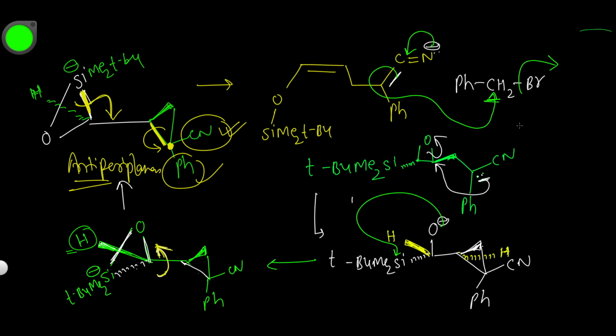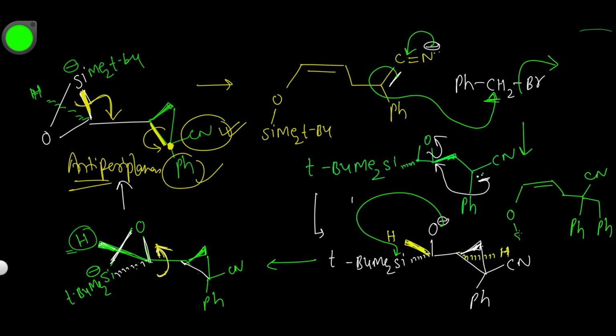And then you get the product something like this. Here is a double bond, and here you have CN, Ph.